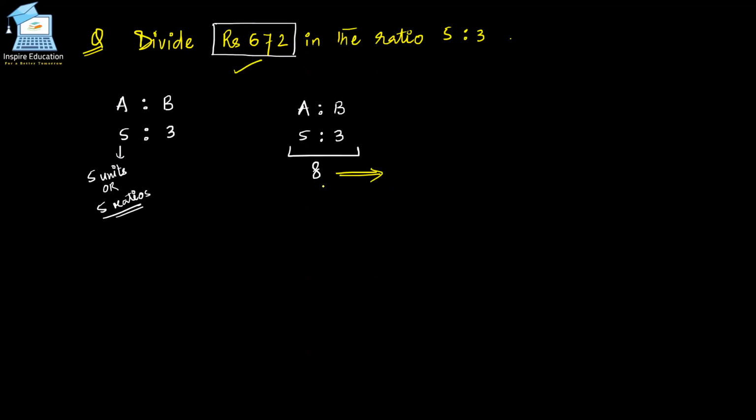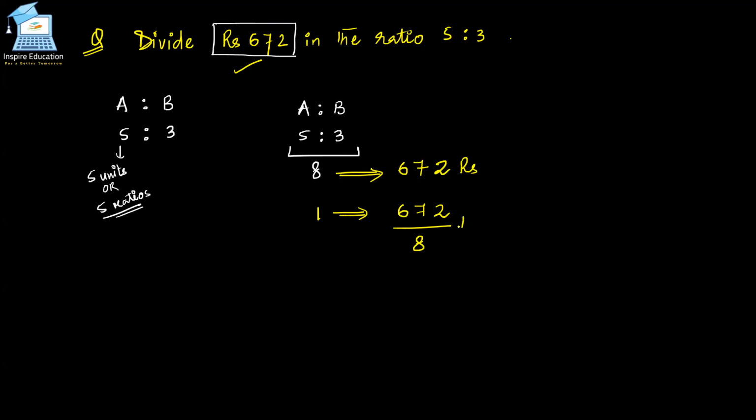This means this 8 is a fake total, and this 672 is the original total. So this 8 must be equivalent to, not equal to, 672 rupees. So if 8 is equivalent to 672, 1 is equivalent to what?